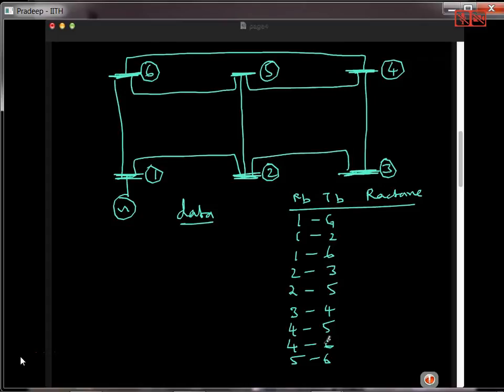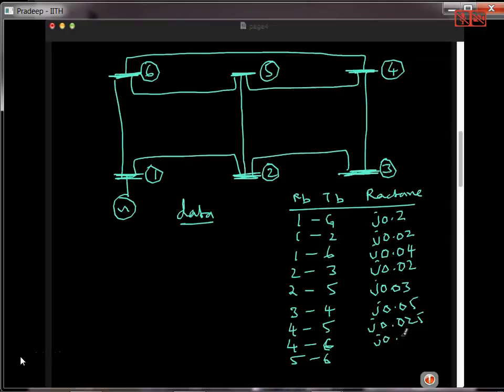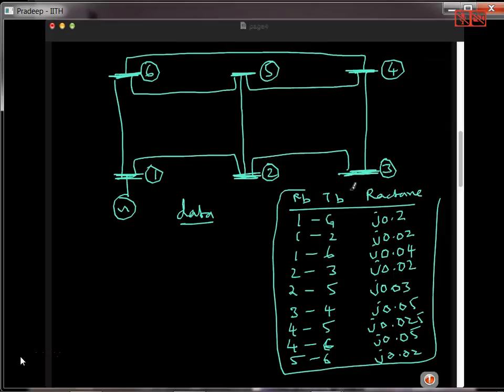So this is a big network. And then the reactance values: J0.2, J0.02, J0.04, J0.02, J0.03, J0.05, J0.025, J0.05, J0.02. So this is the data that is given to me.